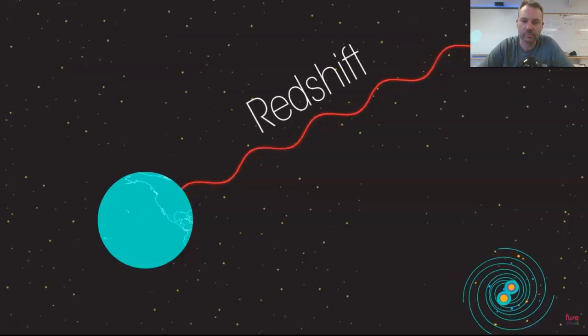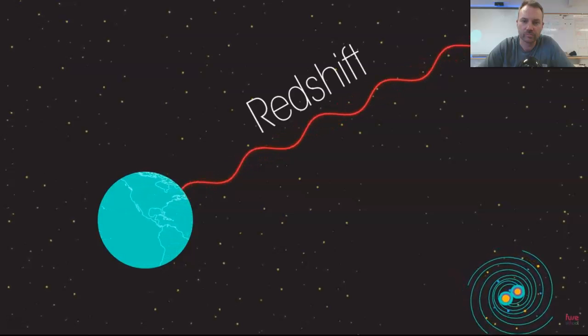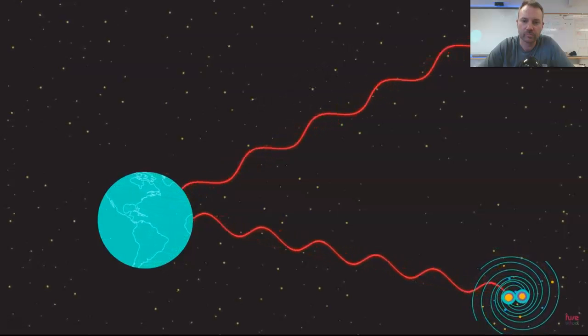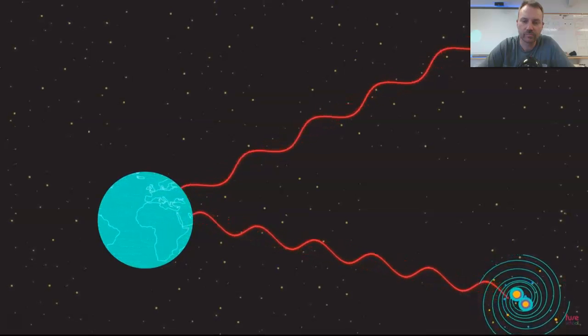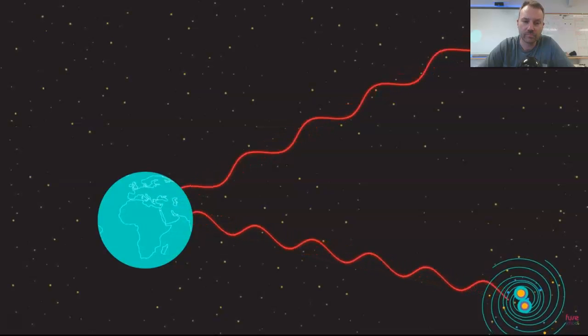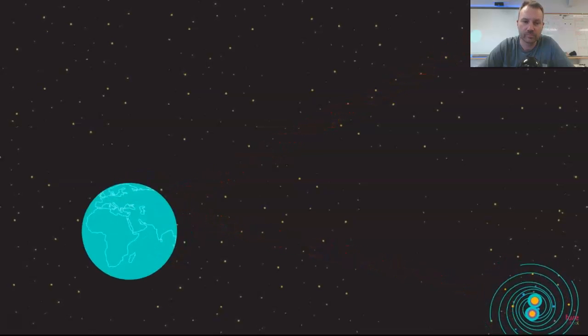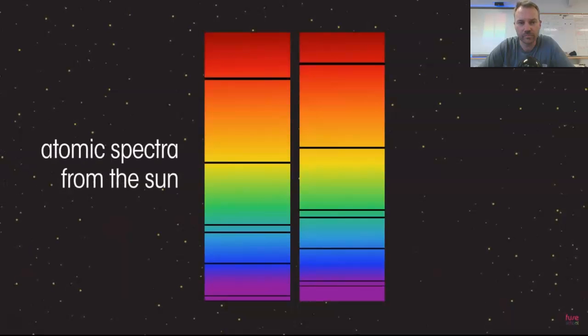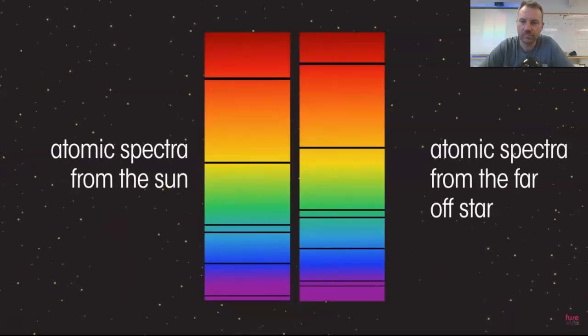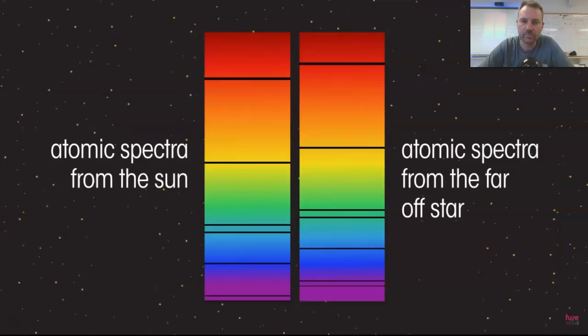Hubble noticed that most of the galaxies' light was shifted towards the red end of the spectrum, and also the further away a galaxy was, the more its light was redshifted. Look at these two atomic spectra, one from our Sun and the other from a distant star.